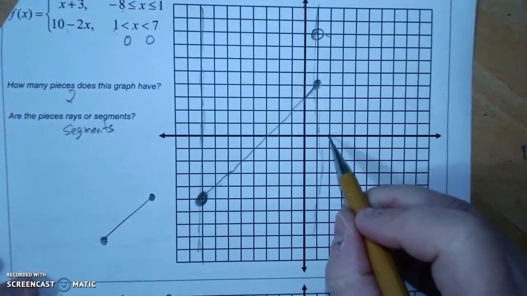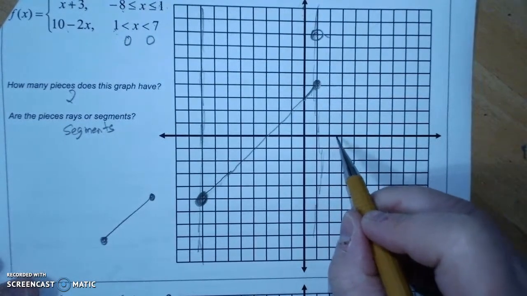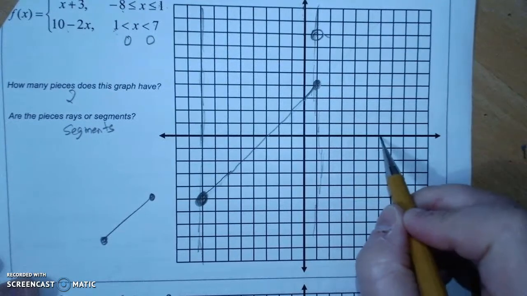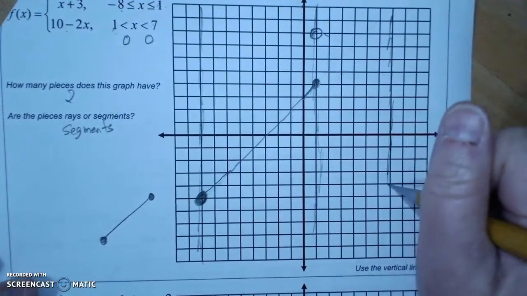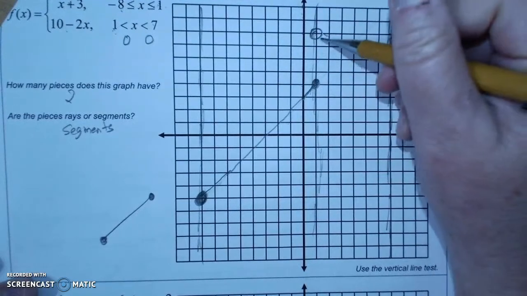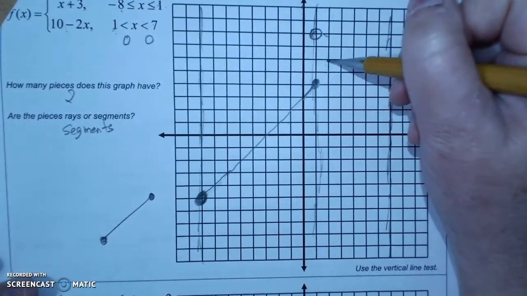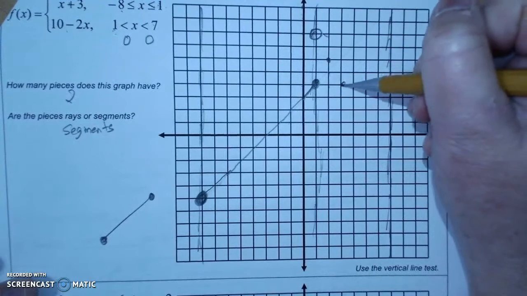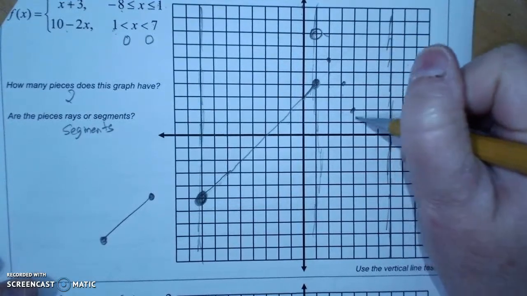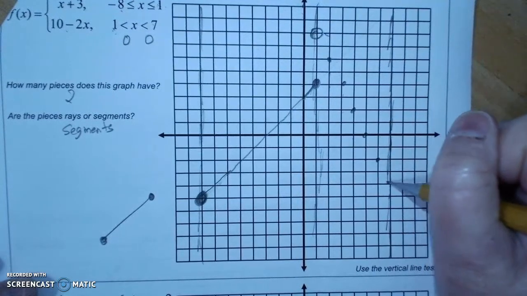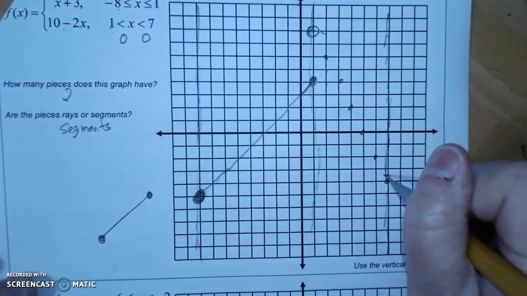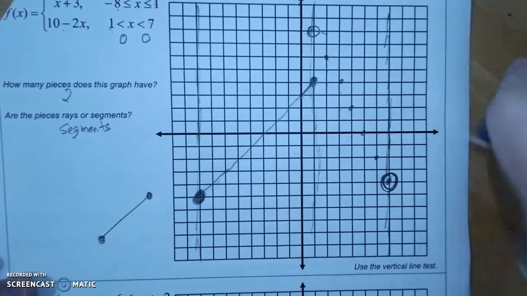And 7. 1, 2, 3, 4, 5, 6, 7. Here's my other fence that I have to stop at. And so I'm going down 2 over 1, down 2 over 1. And that's an open dot.